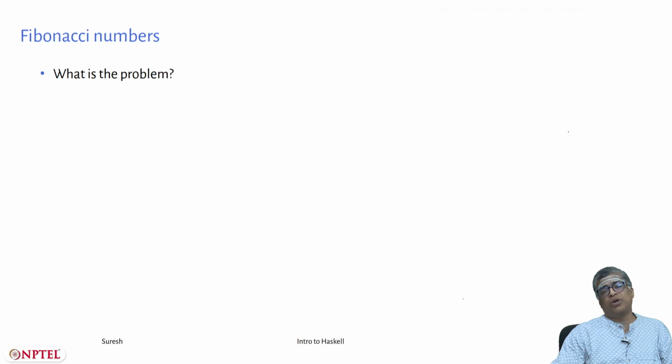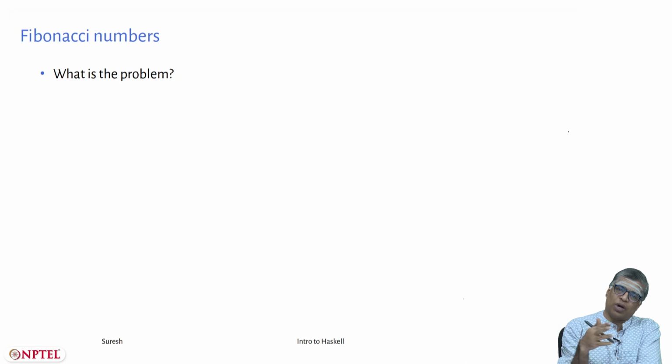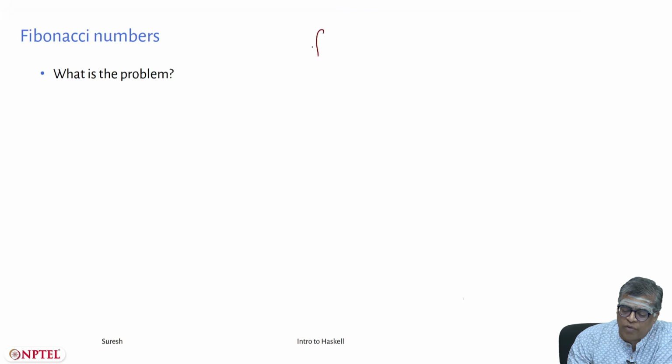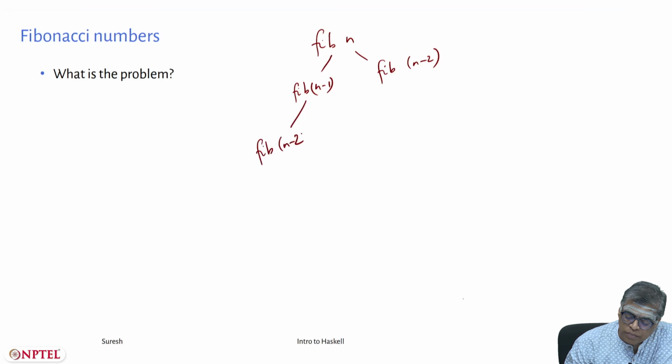But before that, let us try to figure out what is the problem. The problem, as we clearly said, fib of n calls fib of n minus 2 at least twice, right. So fib of n calls fib of n minus 1 and fib of n minus 2. Fib of n minus 1 calls fib of n minus 2.